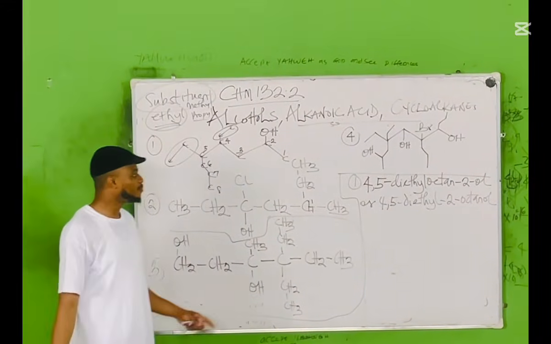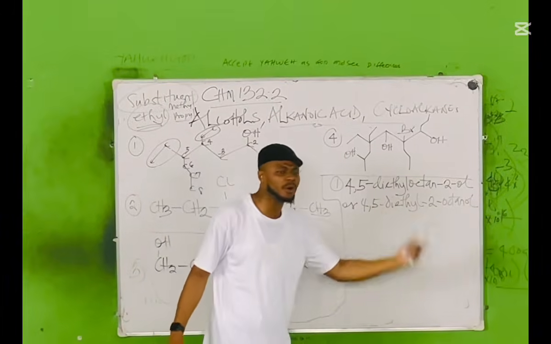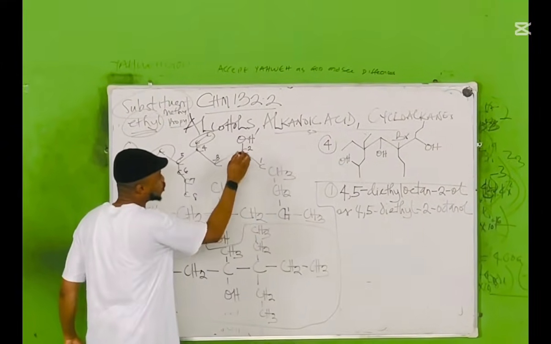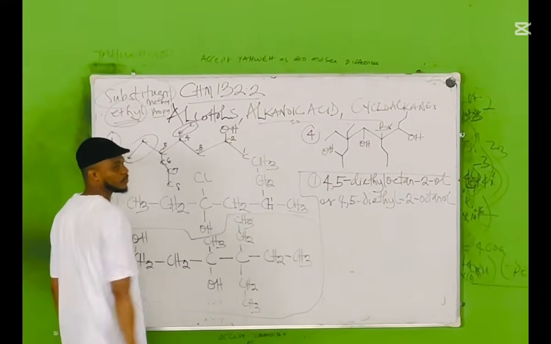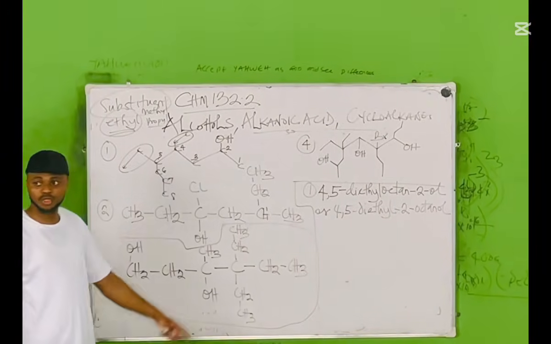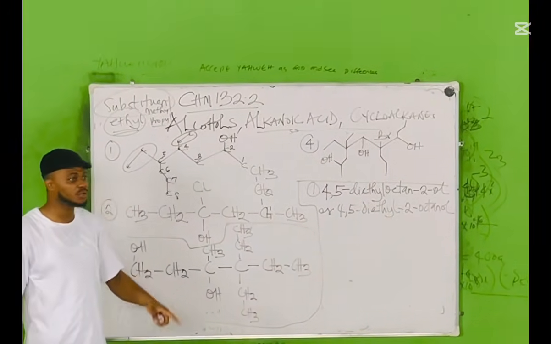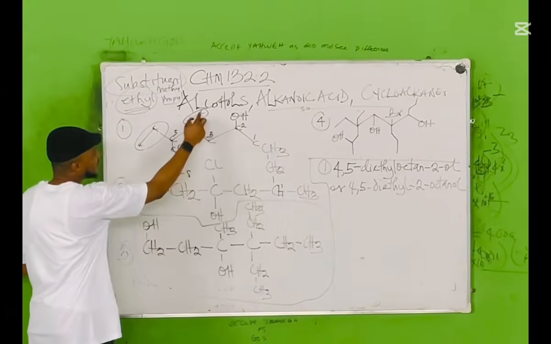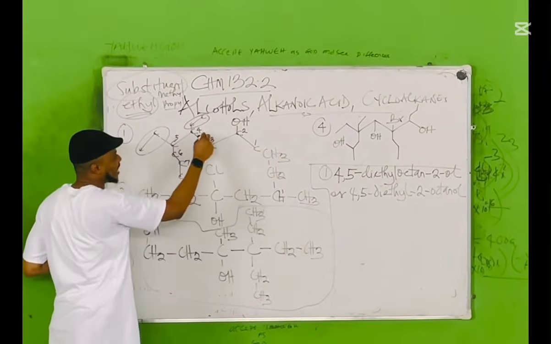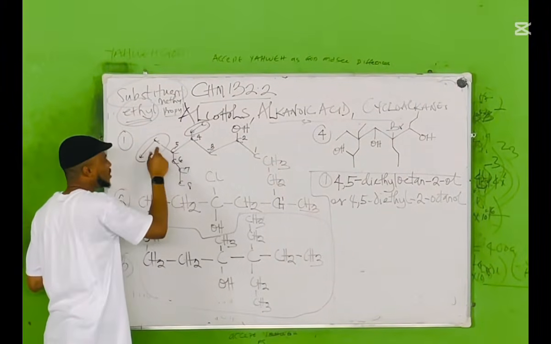Okay, so where is this 2 coming from, you might be wondering? The 2 is coming from the position of the hydroxyl group. The 2 is coming from the position of the hydroxyl group. 4, 5, this ethyl is at carbon 4, this ethyl is at carbon 5.